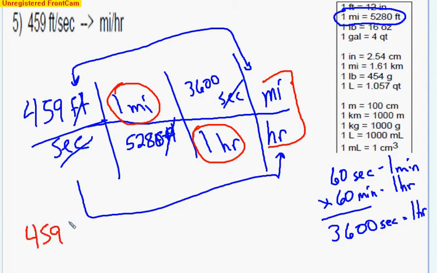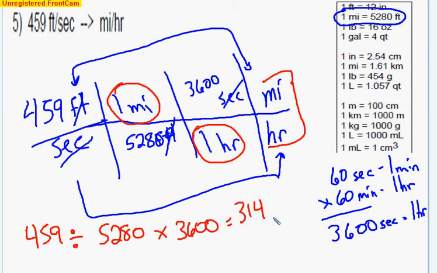Or like I said, you could have also gone 459 times 3,600 and then divided all that by 5,280. And you get your grand total answer of 314.74285, and lots of numbers.